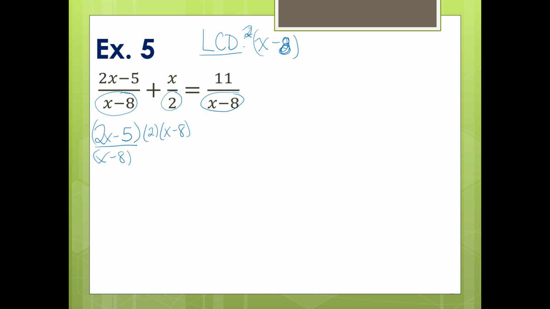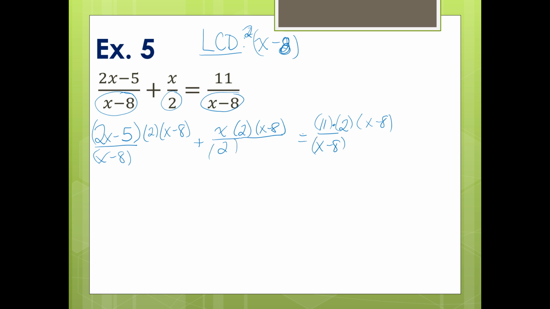Again, we're multiplying everything by 2 times x minus 8. Then we have x over 2 times 2 times x minus 8. Then we have 11 over x minus 8 times 2 times x minus 8.